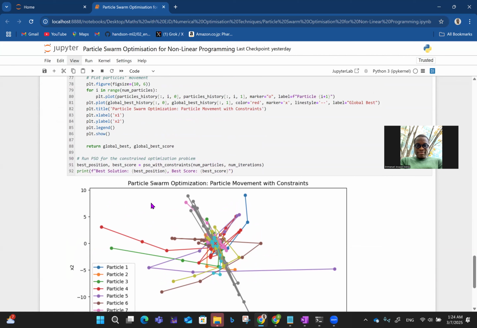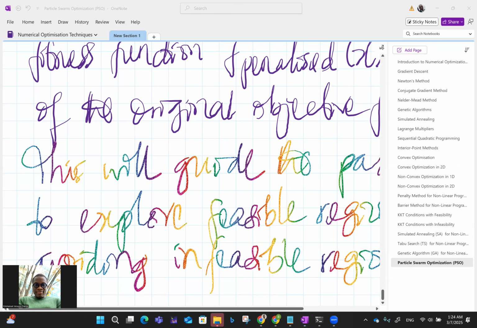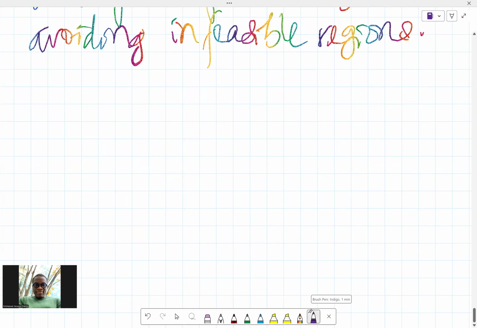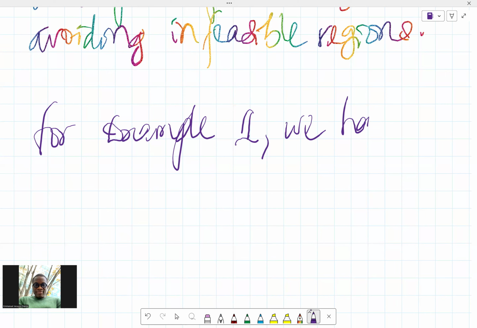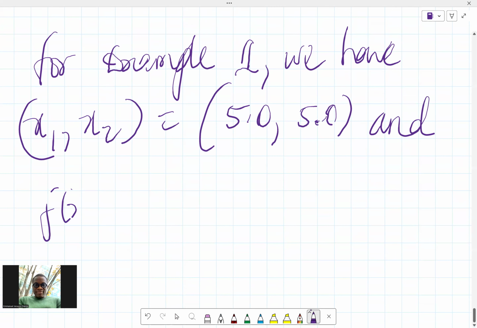So we can go back to what we've been doing and talk about what the Python code has told us about the two examples. So for example 1, we have x1, x2 equal to 5.0, 5.0, and the function overall, f of x, is simply minus 25.0.